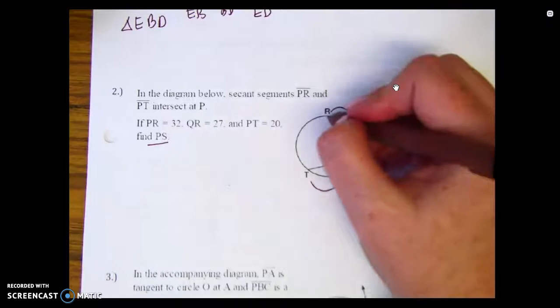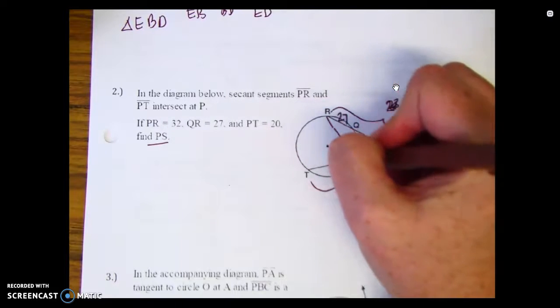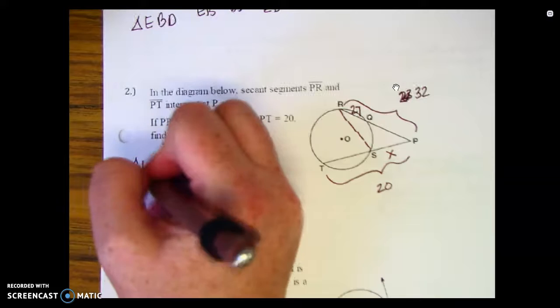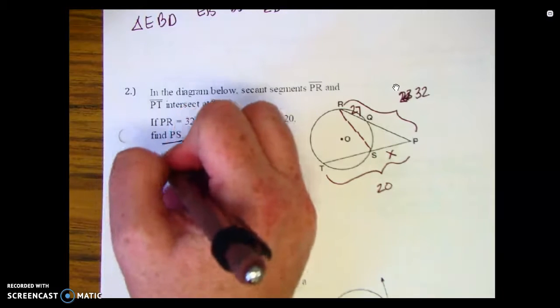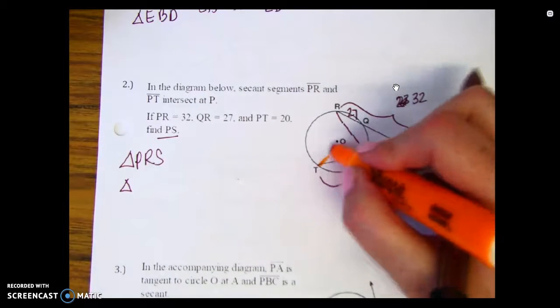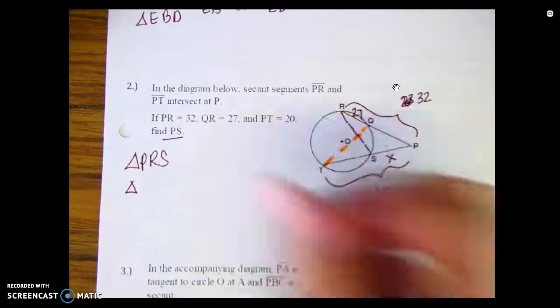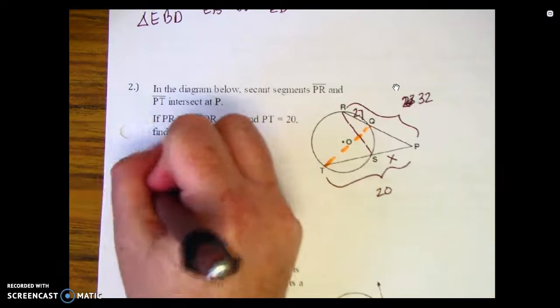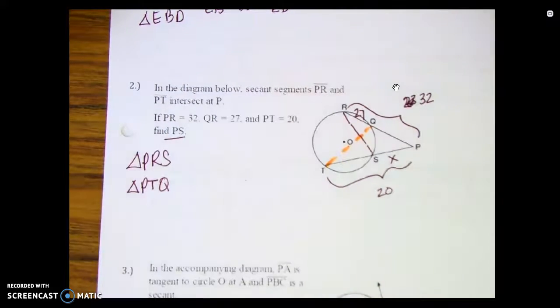So I do one secant at a time. Secant and chord. So I go outside, inscribed, and then the other remaining angle. Then I make my other one. I go outside, inscribed, remaining one.